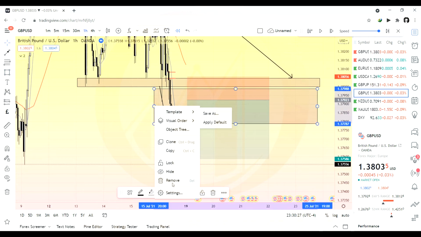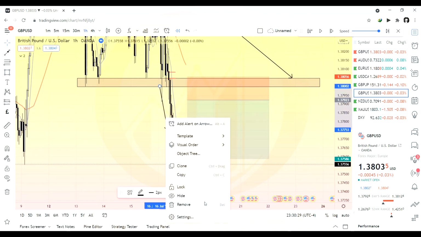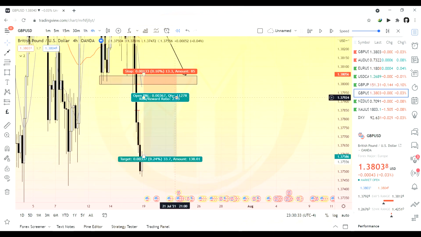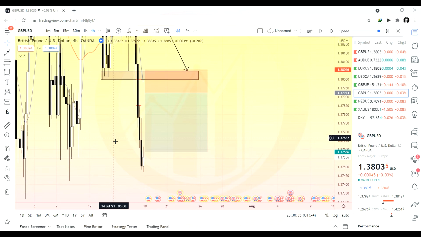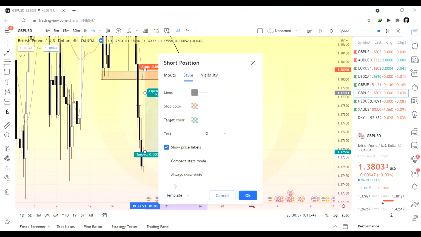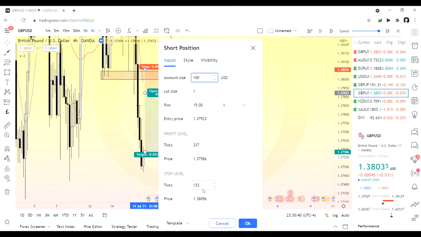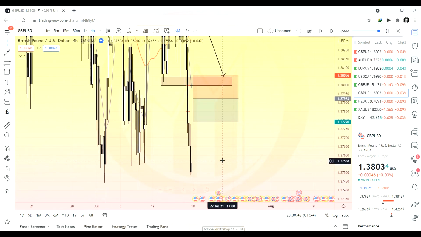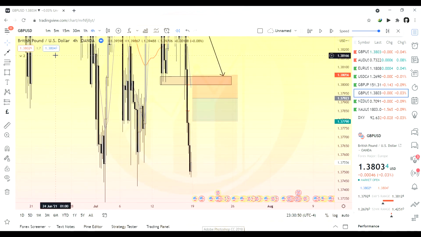So on this higher time frame, we'll go with that indicator. And what you always want to do is just make your trade a 1-to-1. So let's make this a 1-to-1 trade. Bang. And let's see what happens.